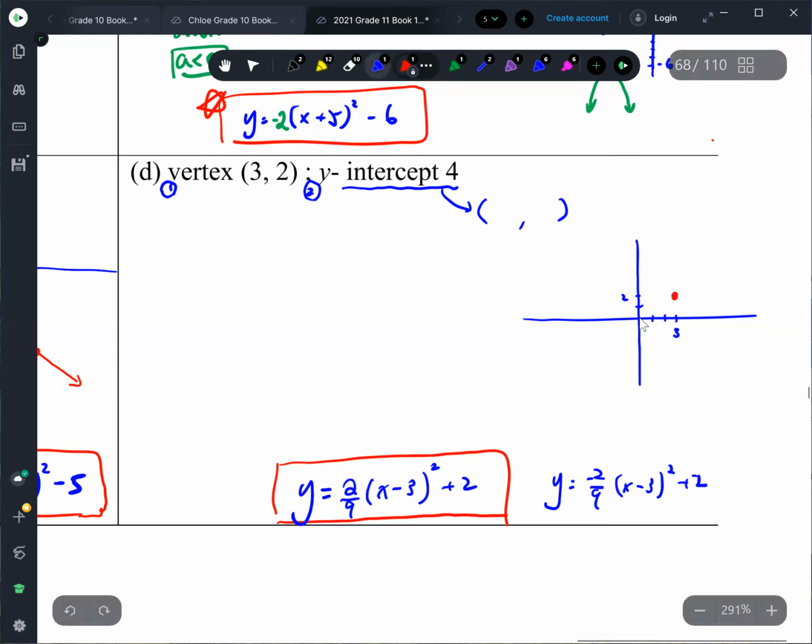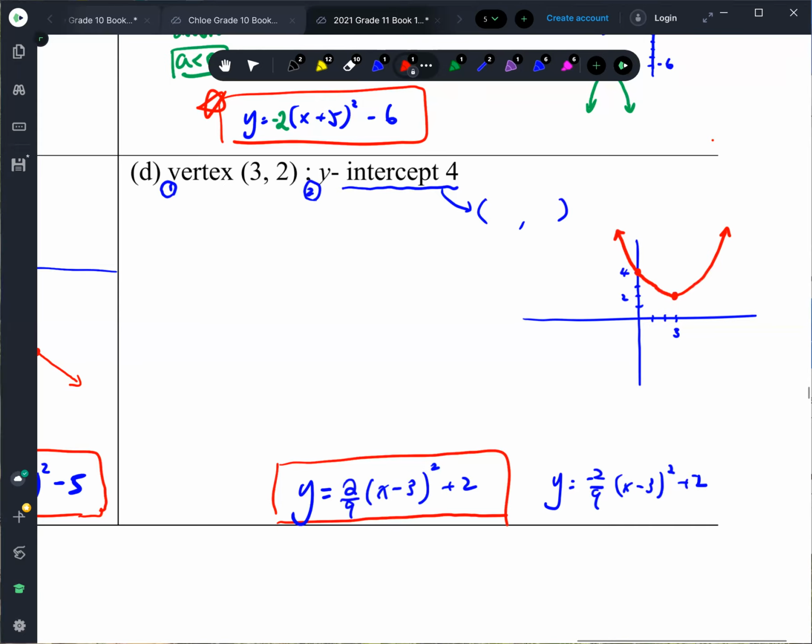So 1, 2, 3, 4. So the other point is here. So it has to be opened up then, right? Because it has to be vertex. So it goes like that. Okay, so we know it couldn't be negative, all right?